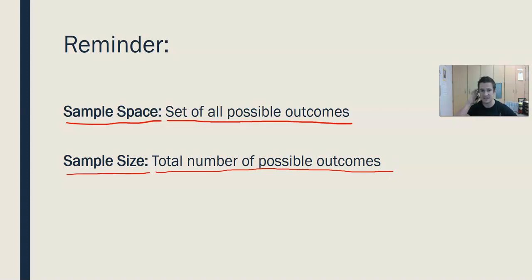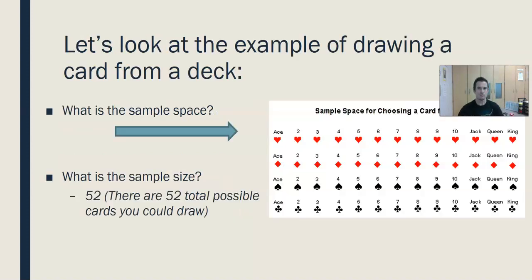Previously, when I did the 6-sided die, the set of all possible outcomes would be 1, 2, 3, 4, 5, and 6. Those are all the possible numbers that I can roll. The sample size would be 6. There's 6 total possibilities for what I could roll on a 6-sided die.